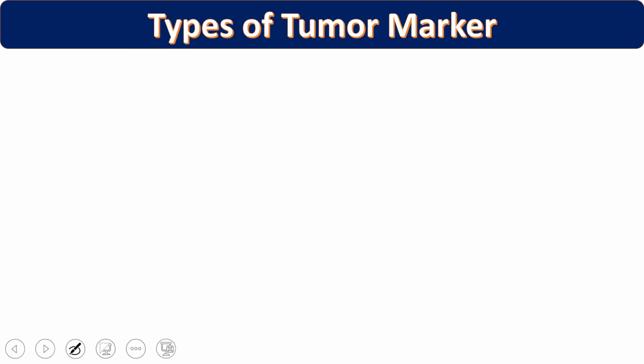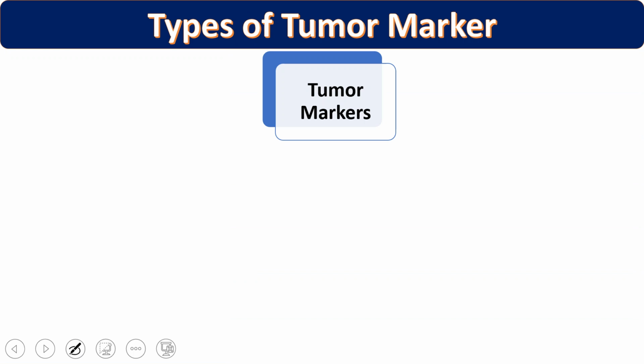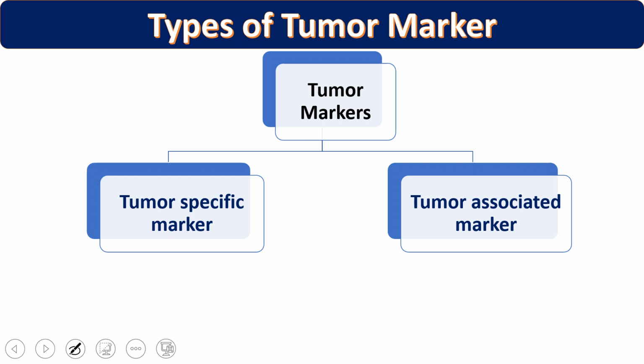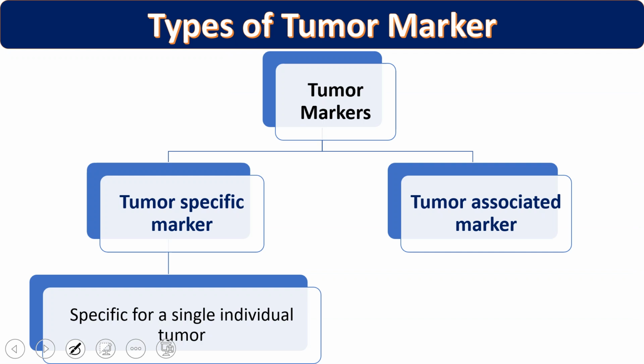Now, tumor markers can be classified in different ways. They are classified into two categories: tumor specific markers and tumor associated markers. Tumor specific markers are specific for a single type of tumor, which I told you is highly specific, meaning they are produced by an individual tumor.